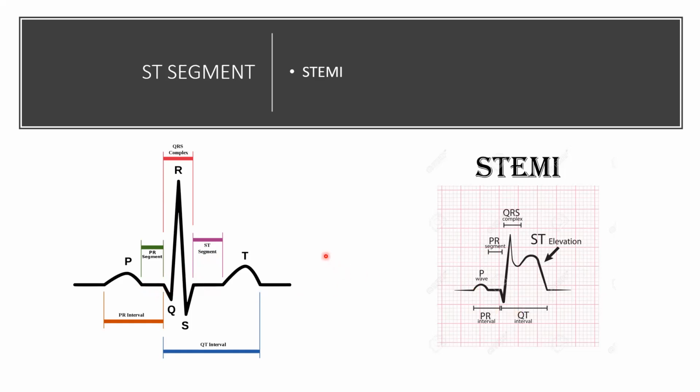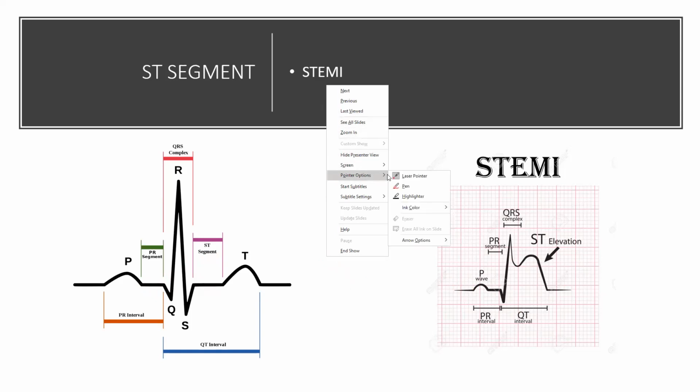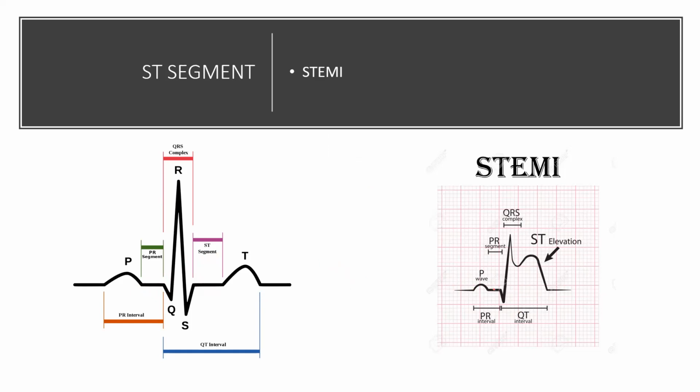So let's take a look at the example on the right side. As you could see on the example on the right side, there is going to be an ST segment elevation because now I am tracing the line that should be the baseline. And as you could see, this ST segment right here is above the PR segment.